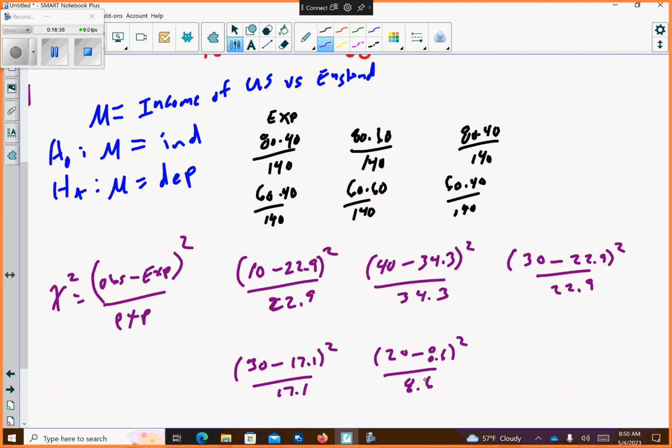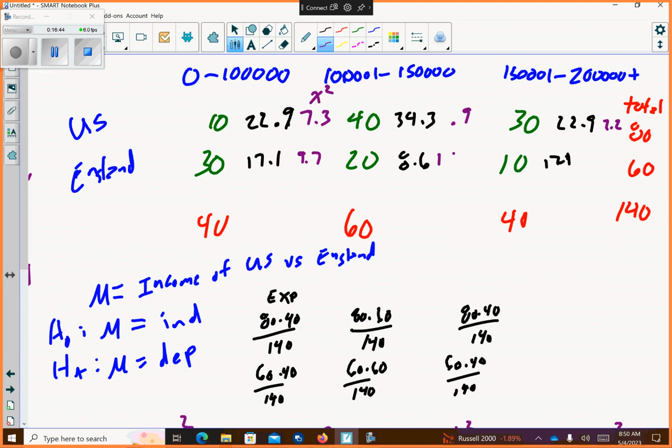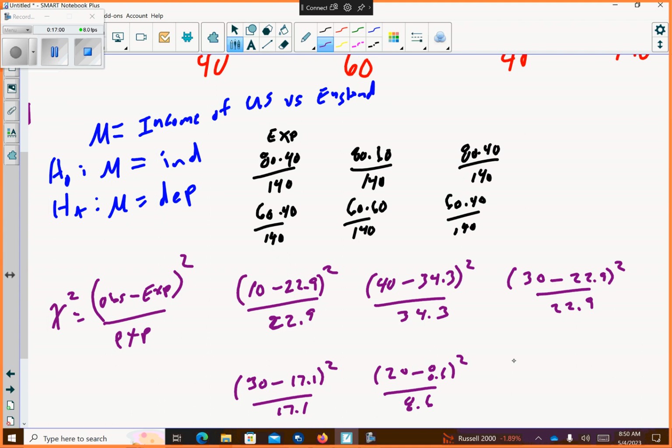I made errors on this like crazy. 15.1. And then my last one is going to be 10 minus 17.1 quantity squared divided by 17.1.